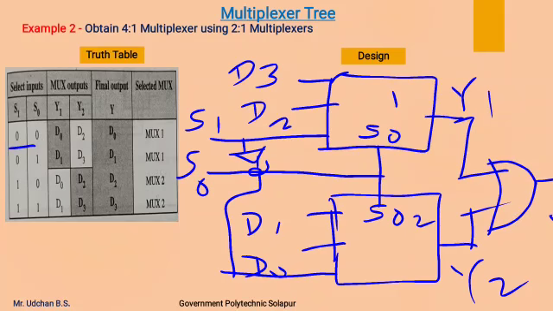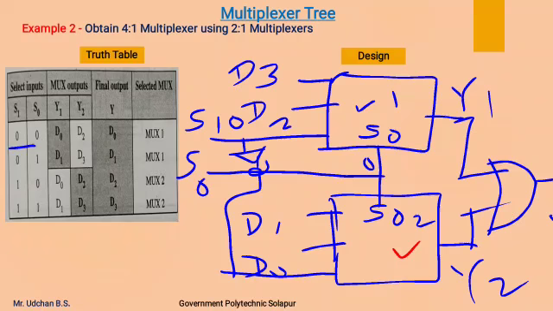Now for the first input combination, if you observe, S1 and S0 are 0 0. S0 is 0, S1 is also 0. So this first multiplexer gets disabled, and this second multiplexer will get enabled.